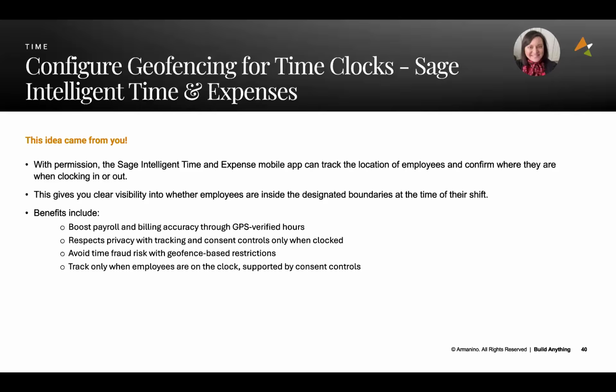And you do still respect privacy. There's consent, right? Users are forewarned about this feature. They need to buy into this process in order to utilize this feature. And then you can avoid any fraud when it comes to punch ins and punch outs that are outside of those geofence based restrictions.